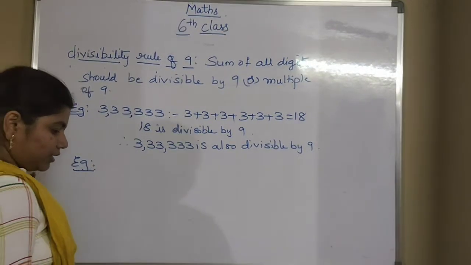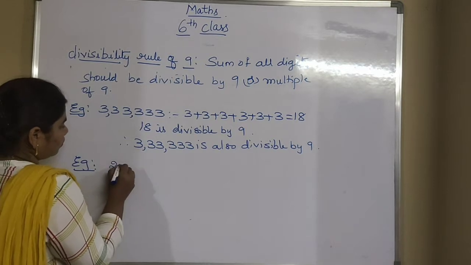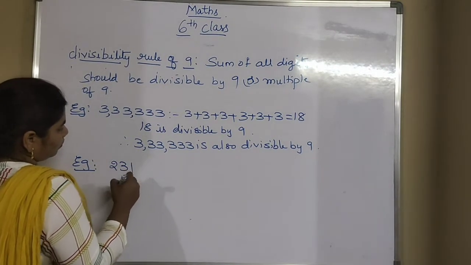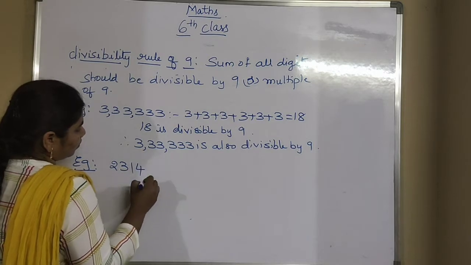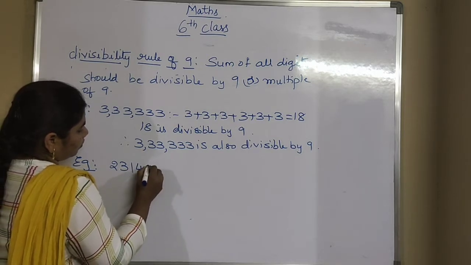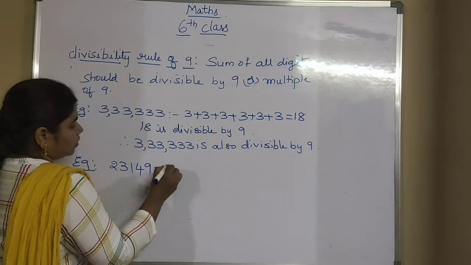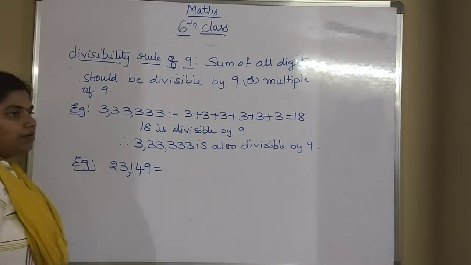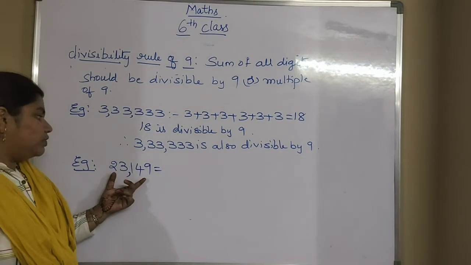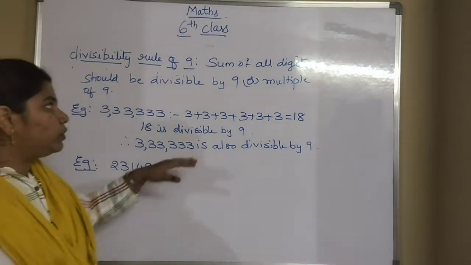One more example we will take. I am taking 23,149. So whether this is divisible or not, we will check. What is the divisibility rule of 9?